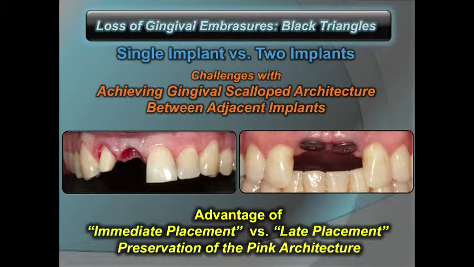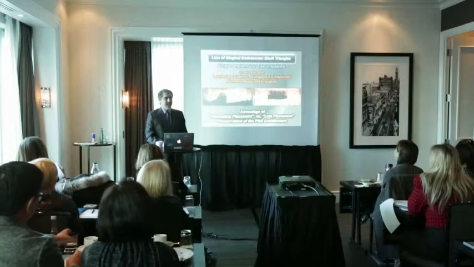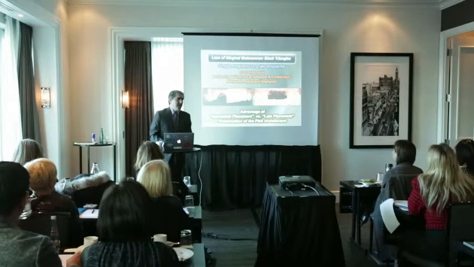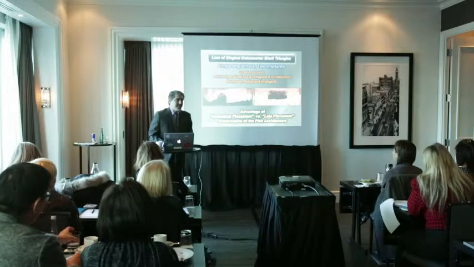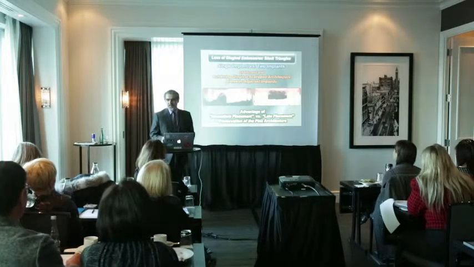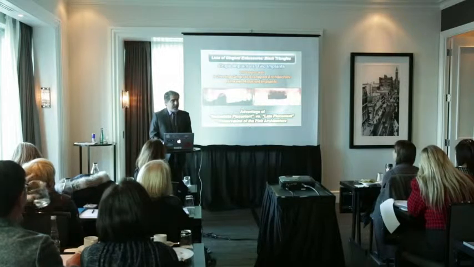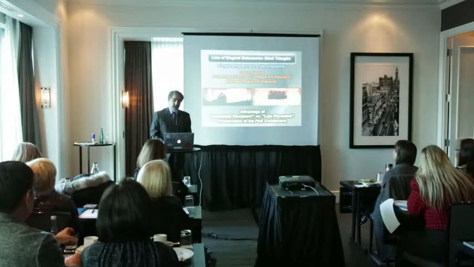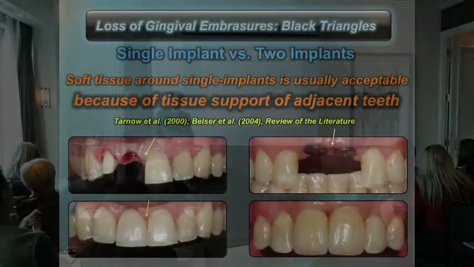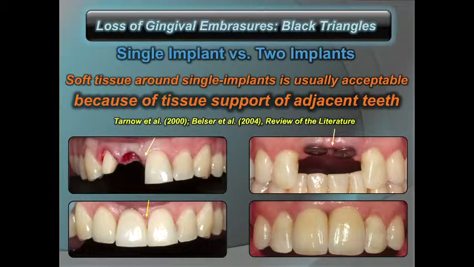And as Dennis Tarnow was always saying, everyone can show the single implant cases. It works nicely, they know that it works, no problem, it's pretty. 2 implants is sometimes next to impossible to do a good job with the triangle, the black triangle that sometimes you get.